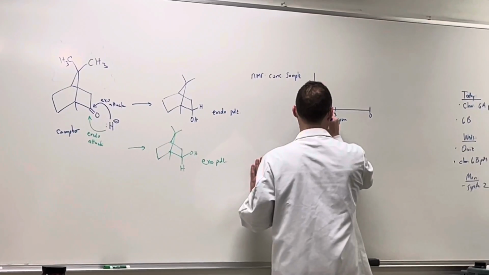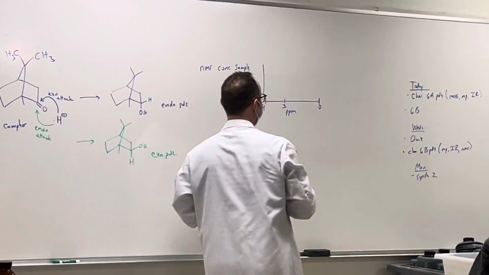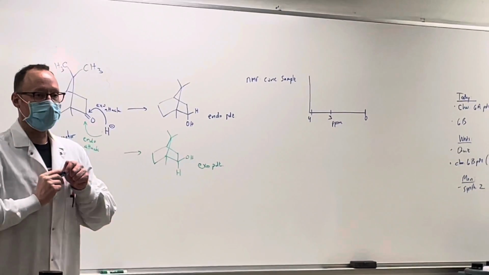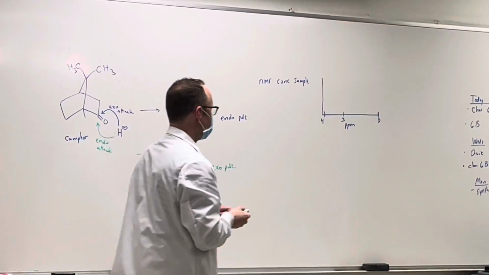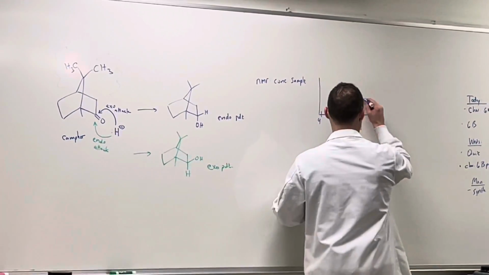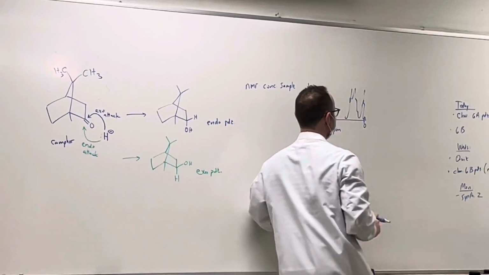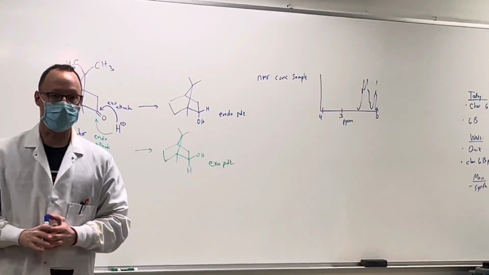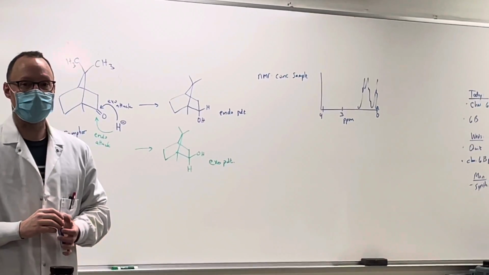obviously not to scale. What you're going to see whenever you acquire your NMR spectrum is a mess. Especially in that 0 to 1.5 ppm range. It's just going to be a mess.